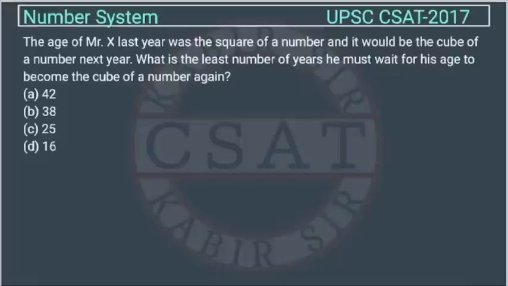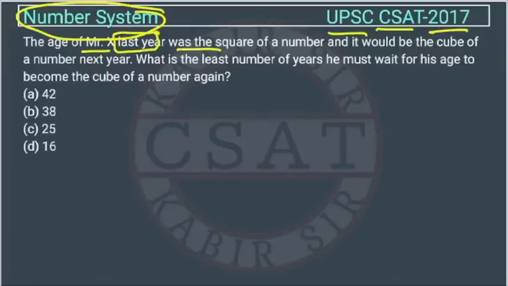Okay. This is a question from number system asked by UPSC in CSAT exam of 2017. The age of Mr. X last year was the square of a number, and it would be the cube of a number next year, right? So suppose Mr. X's age right now is n.